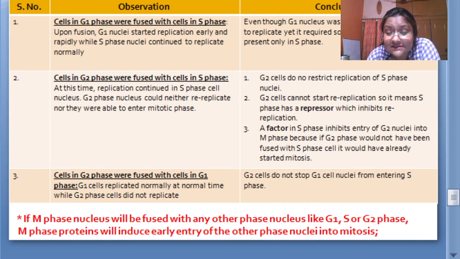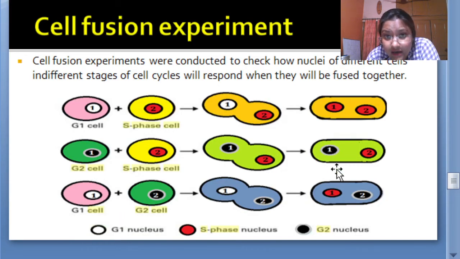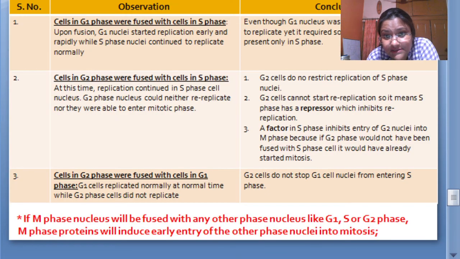If it had started replication again, it was supposed to be in red color. But here we can see it is still in black color because it has already passed the synthesis phase. So it cannot start a re-replication, which means that S phase has some repressors which inhibit re-replication.